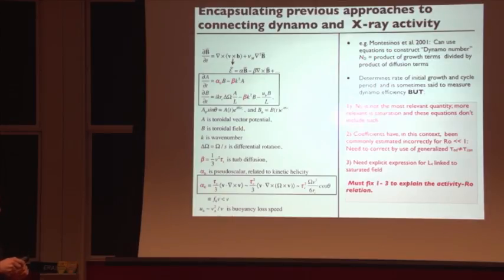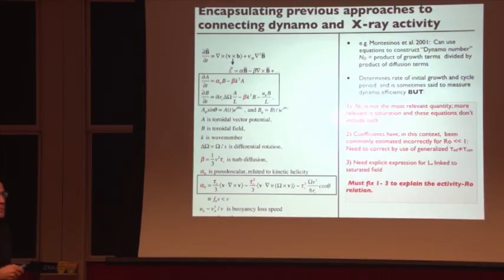The dynamo number is only determining initial growth rate. It doesn't actually say anything about saturation of the actual dynamo, but it's sometimes attributed to dynamo efficiency. So a large dynamo number is thought to mean a highly efficient dynamo. So if the dynamo efficiency somehow decreases, you might think that the strength of the dynamo is also decreased, or the saturation field also decreases.